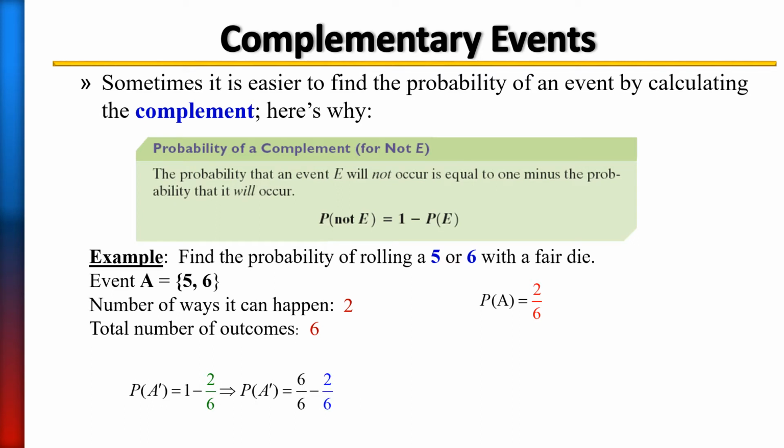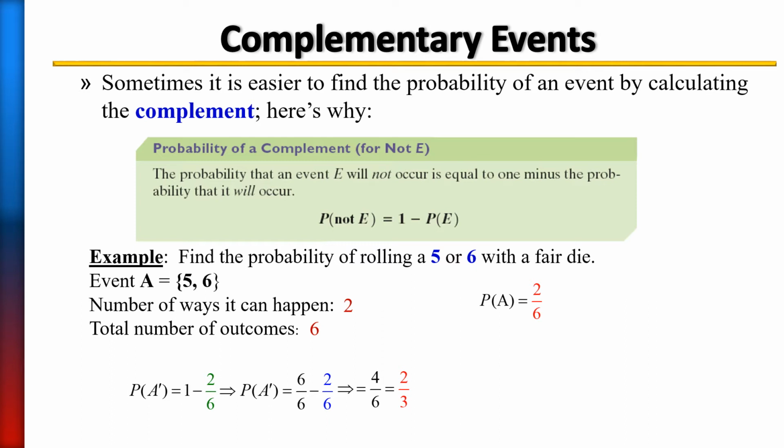So now it's much easier to subtract these fractions. 6 take away 2 is 4 over the common denominator of 6. So the probability of not rolling a 5 or 6, in other words, the complement of A, would be 4/6. And of course, we can go ahead and reduce that fraction as well.